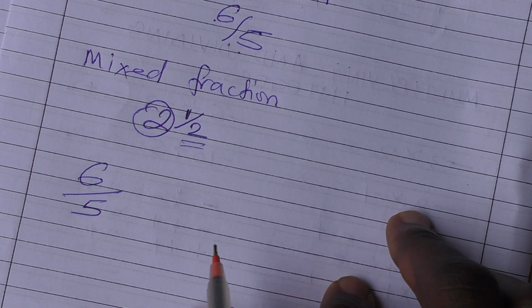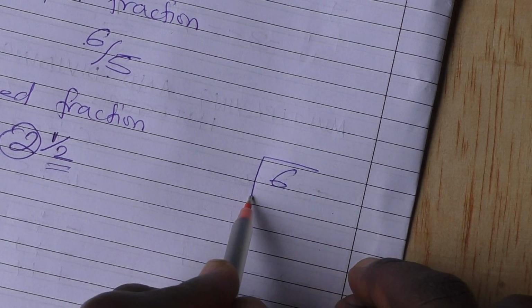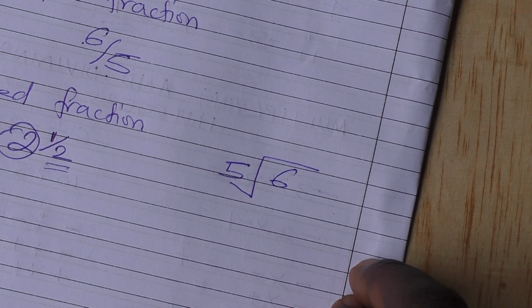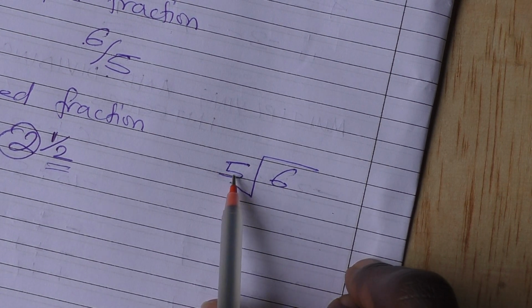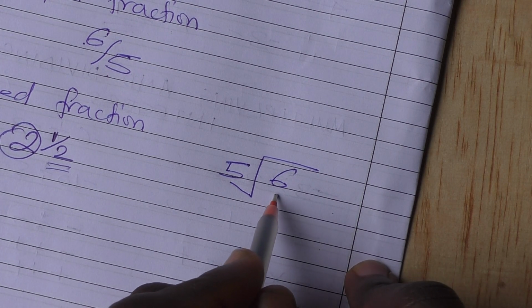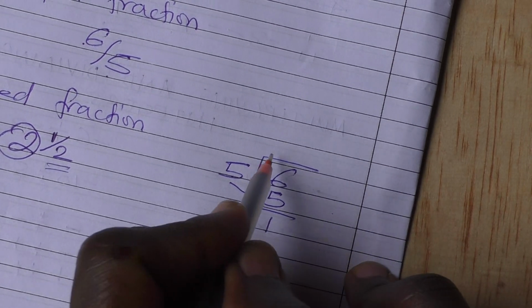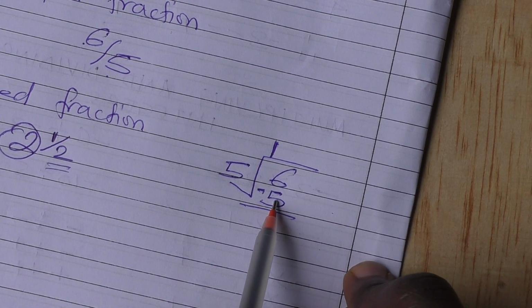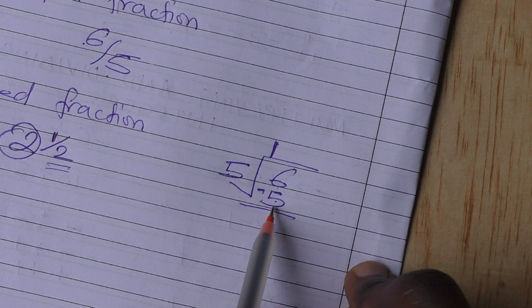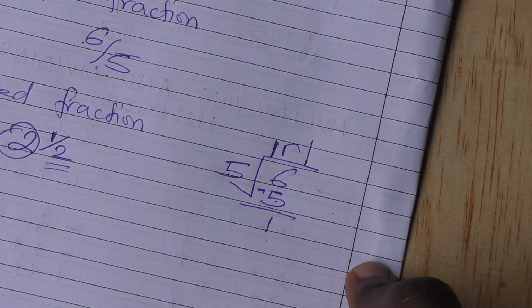How? I divide 6 by 5. Let me use long division. 5 goes into 6 once, and you get a balance of 1. 6 minus 5 is 1, so you get 1 remainder 1.